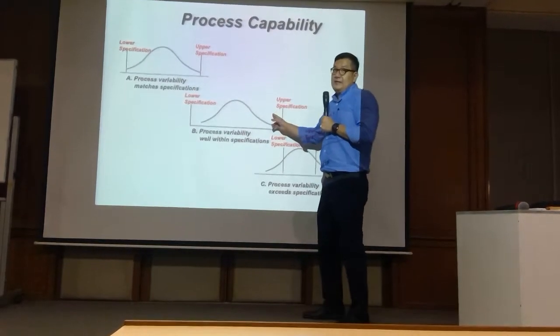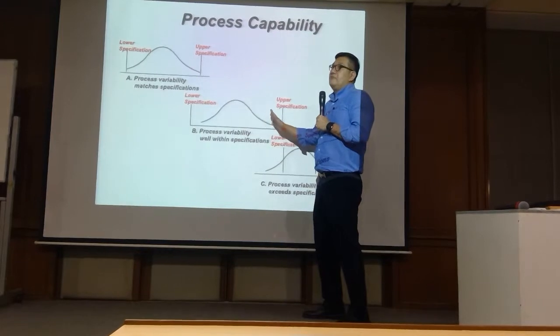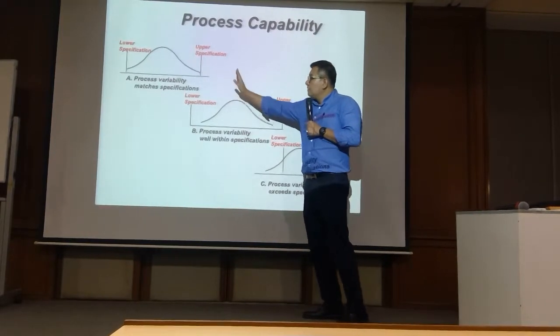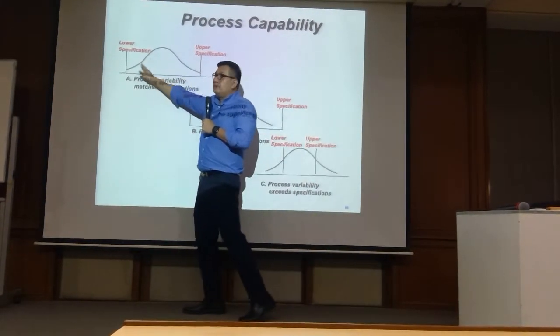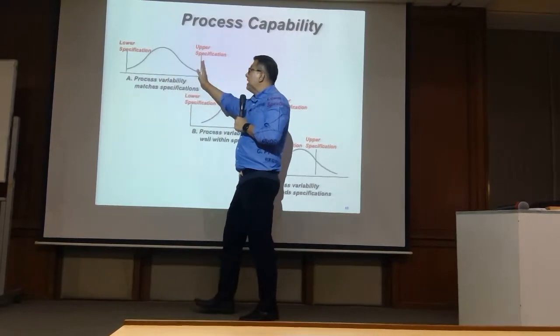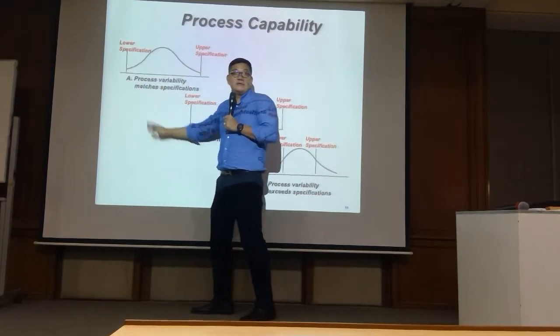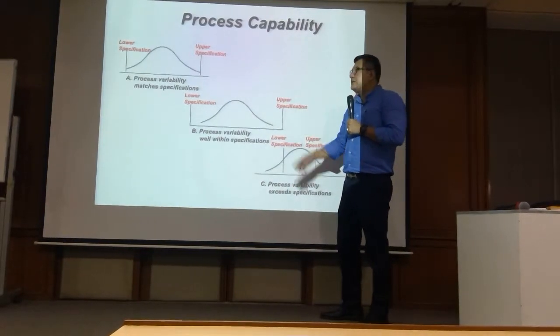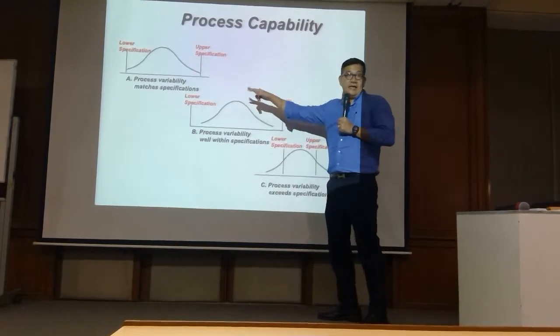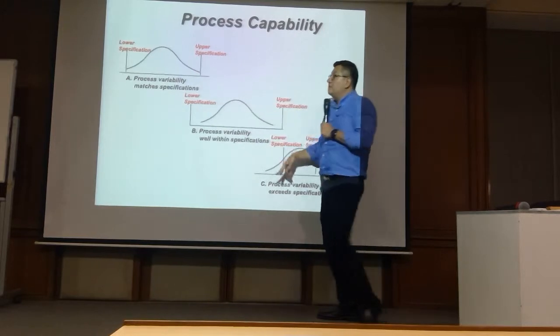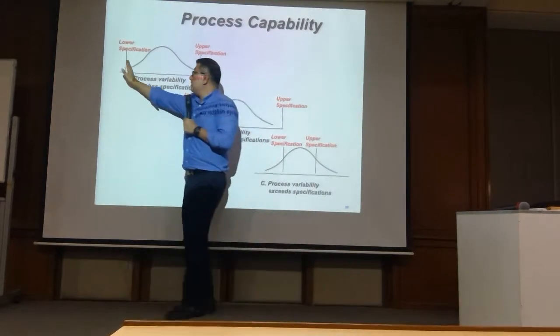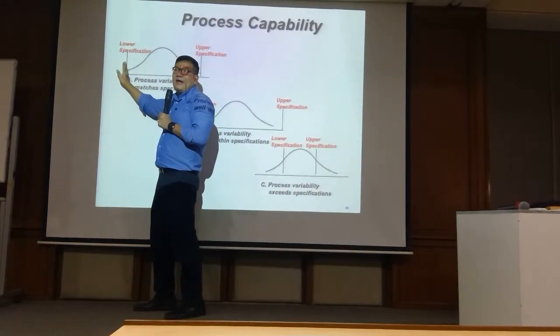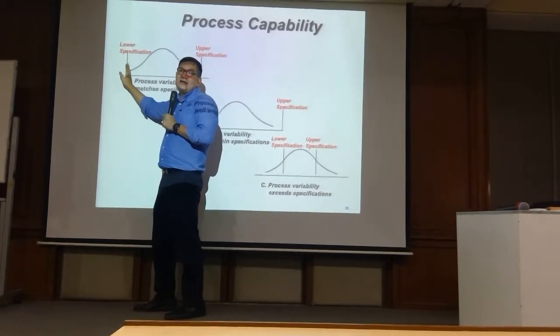In figures A and B, all the output from the sampling distribution stays within the specification. It's okay, but in practice, we prefer B more than A. Because for A, you have no safety factor here.